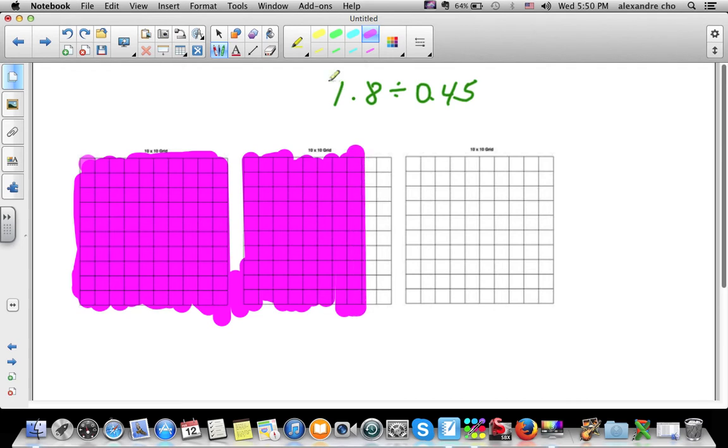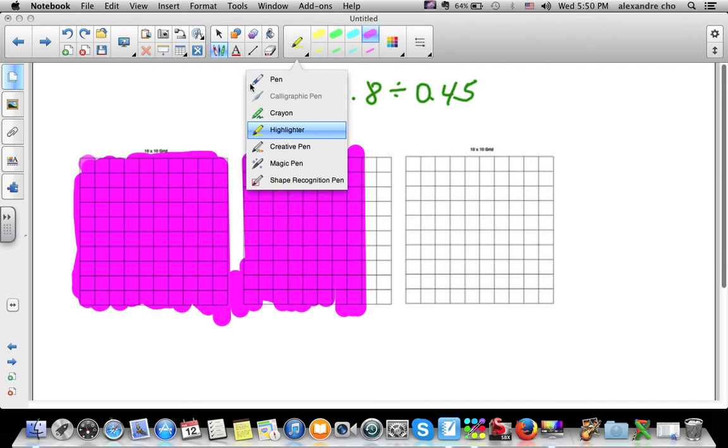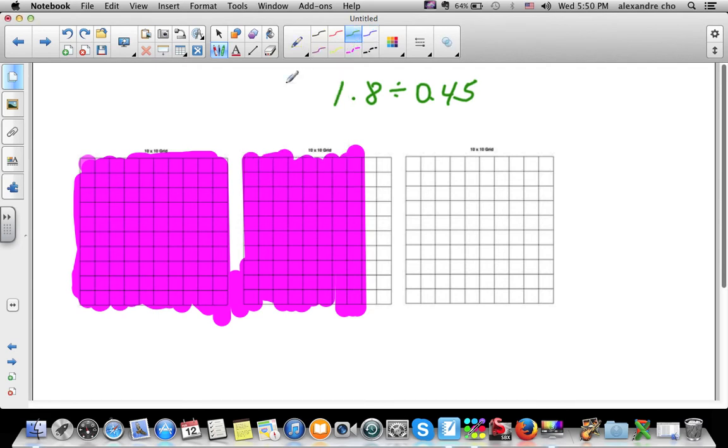All right, and the question is, how many times can 0.45 go into 1.8? So let's find out. We're making groups of 0.45, 45 squares. So that's 10, 20, 1, 2, 3, 4, 5. There's a group of 45 squares right here. 10 columns and 5 of another. Okay, so I'm going to do 5 columns.